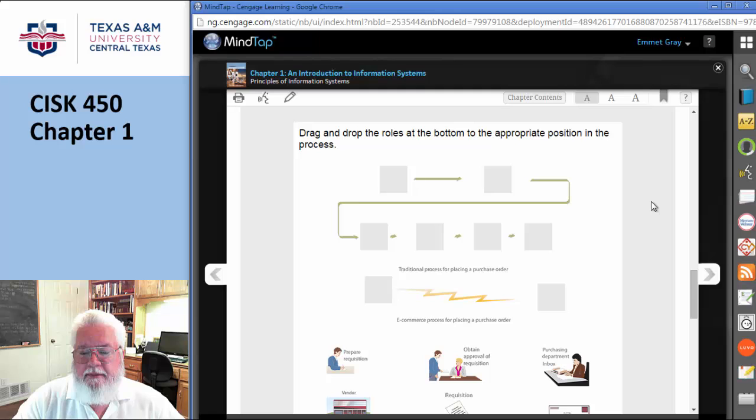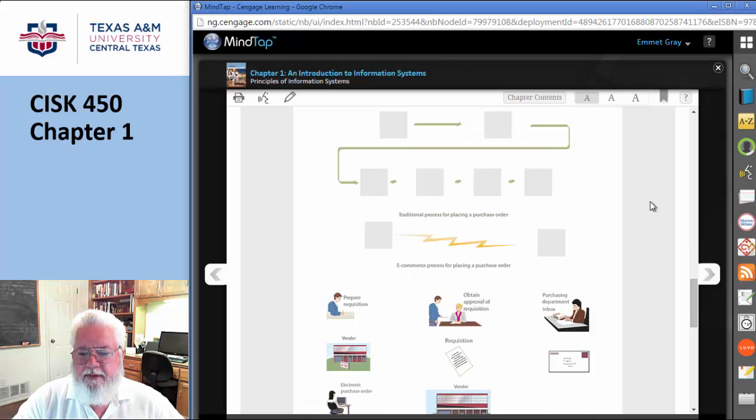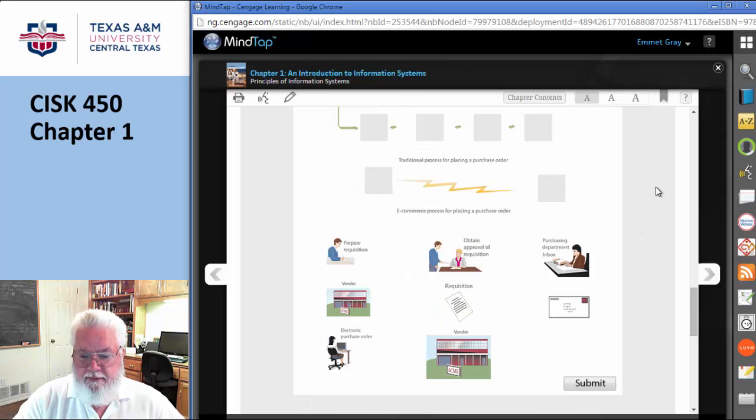The idea of an old paper-based processing system compared to a honest-to-God, real information system. The point of this diagram was supposed to be that electronic commerce can cut an awful lot of the stuff out. You don't have to prepare a paper. You don't have to send it to a sales rep.